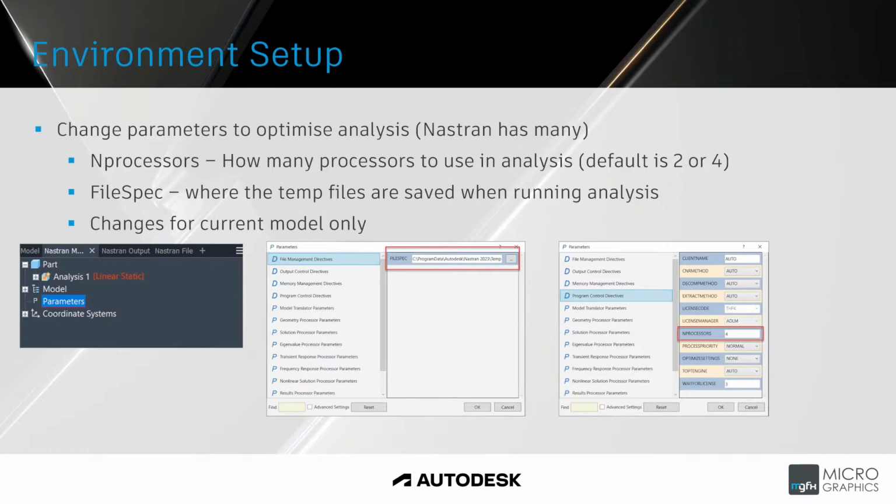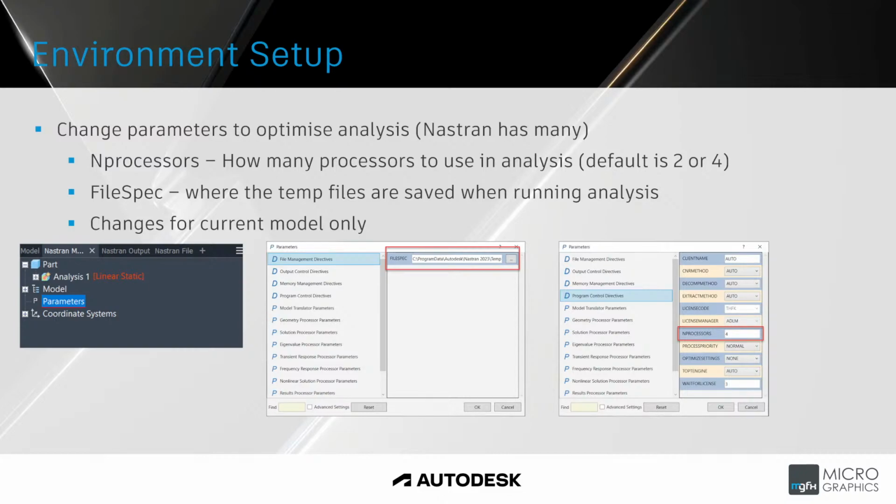So what you can do is write it out to a different location. If you've got 2 drives, maybe a C drive and a D drive, your C drive is used for your programs, and your D drive is used for storage space for any models that you've got. Direct your file specs under File Management Directives. Direct the file spec to your D drive or some drive that has a lot of space for it.